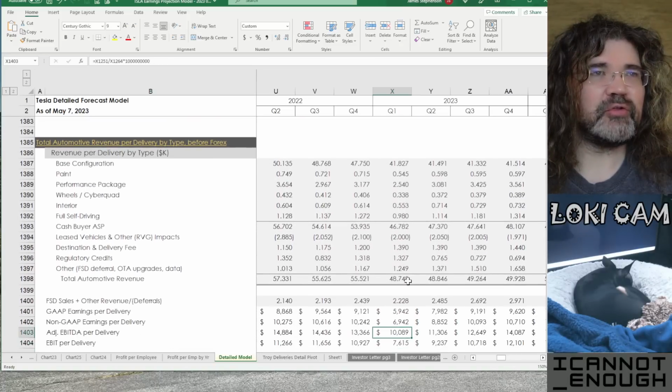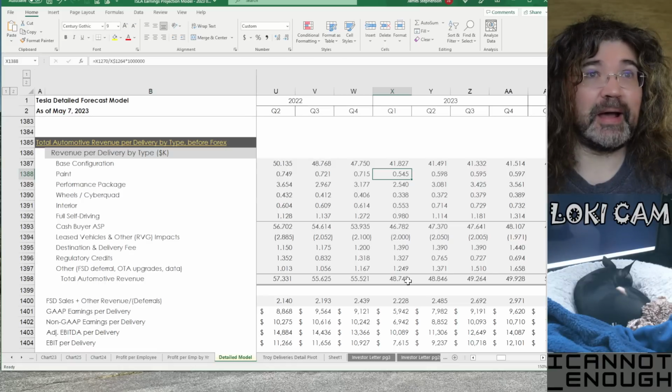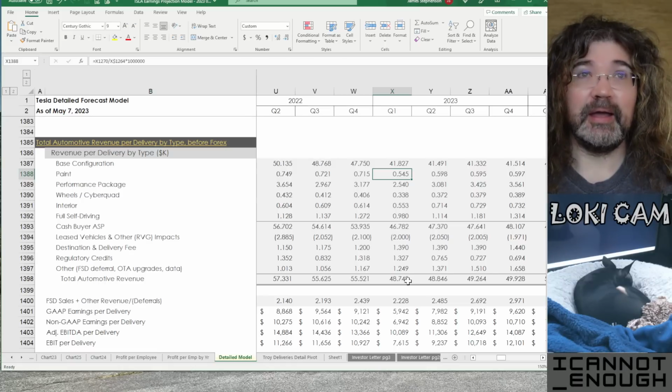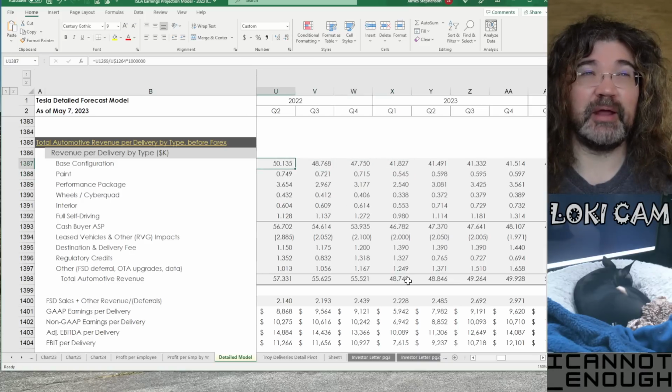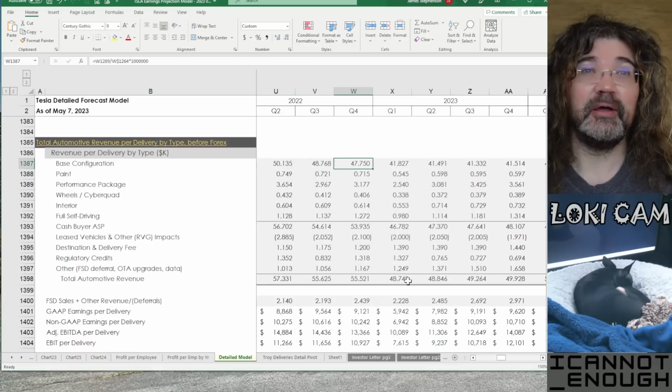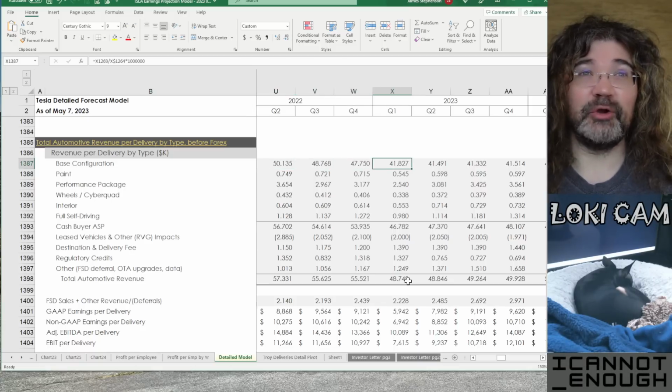What about this next section? Well, the one we just looked at was by model. This next one is by option type and per vehicle. So you can see the base price has come down from a peak last year of 50 grand in Q2. You know, $8,000. That's a pretty big cut, and it's going to come down a little more over the next couple of quarters.